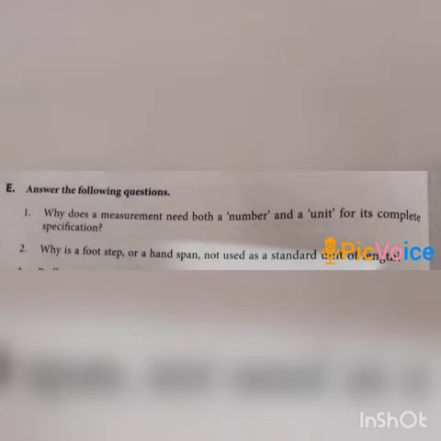Thus, it can be said that measurement is basically a process of comparison of some unknown quantity with some known quantity. We need both the number as well as the unit to express the measurement in a proper and complete way.